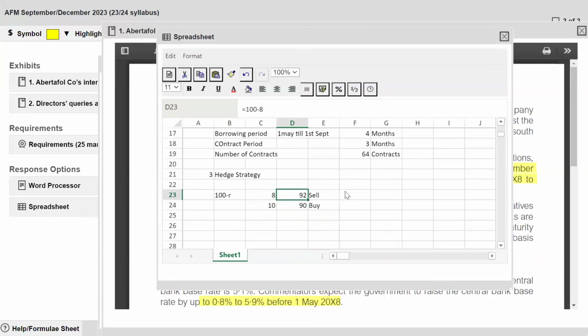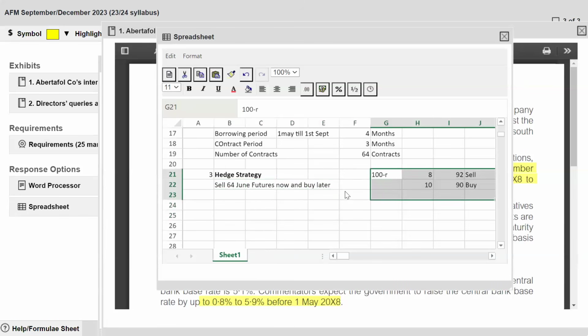So the hedge strategy is to sell 64 June futures now and buy later. I just explained it for the sake of your understanding. It's not something needed.